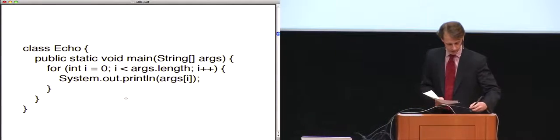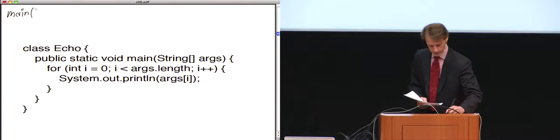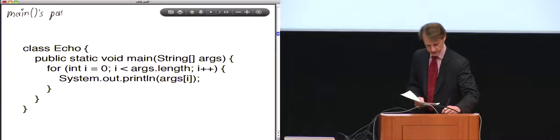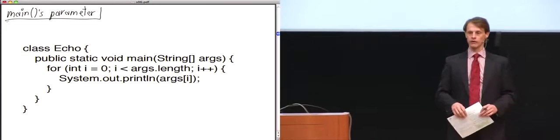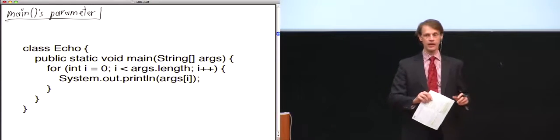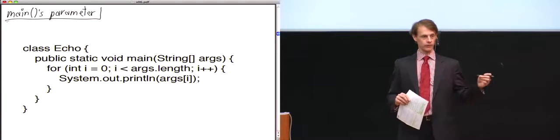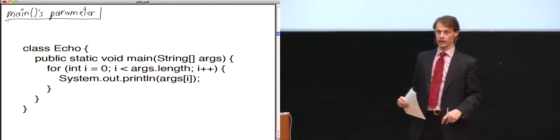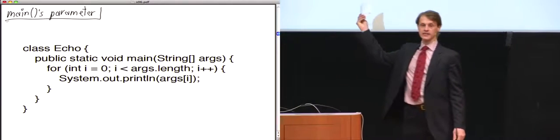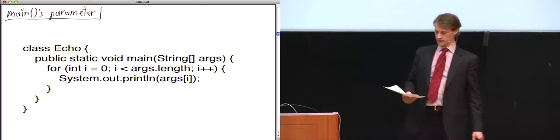So the next thing I want to talk about here is the parameter of the main method, so that you know what's going on with that. When you invoke a Java program by saying Java my program, you can add command line parameters or command line switches after the name of your class that you're running. And those get transmitted by Unix through to your program in the form of an array of strings.